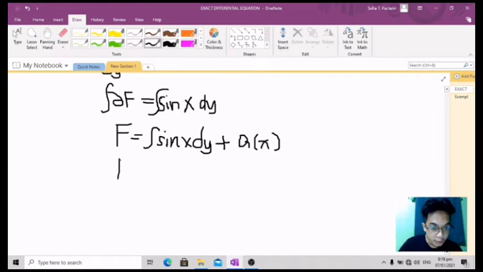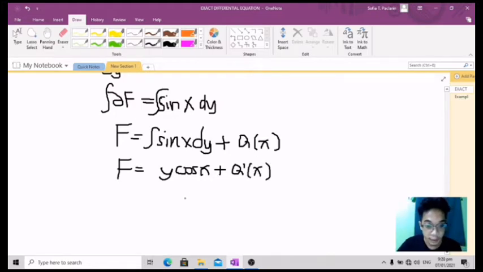F is equals to integral of sin x dy, y cosine x plus q1 of x.